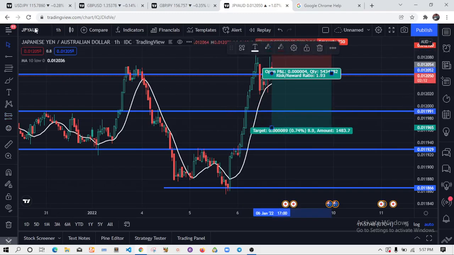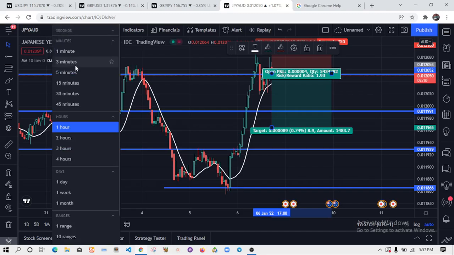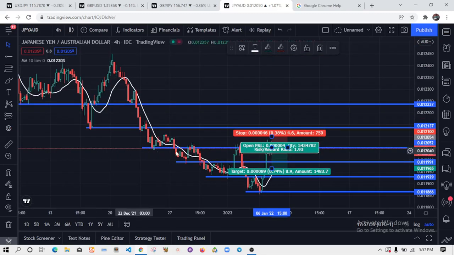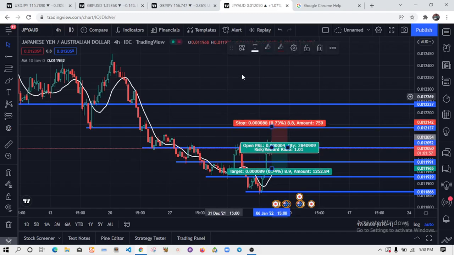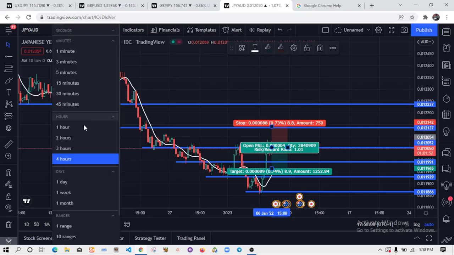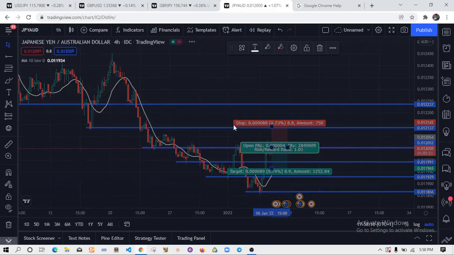So we need to go back to the 4 hour time frame to see where we are going to set our stop loss. You can see where we are to enter, and our stop loss should be above this. Even that, I think the stop loss is a bit higher here. Let's go down to the 1 hour time frame and see.